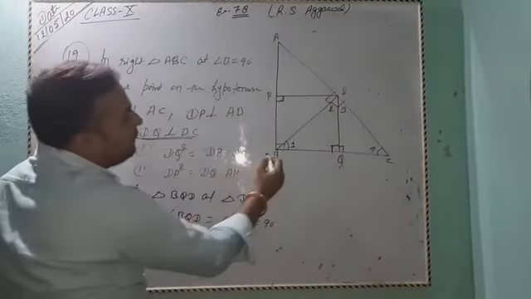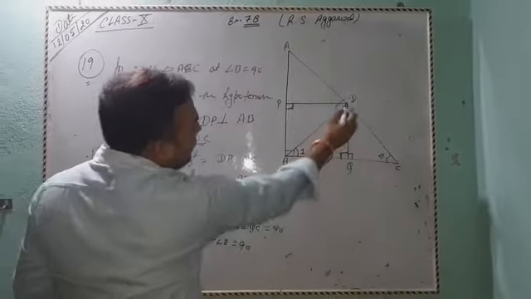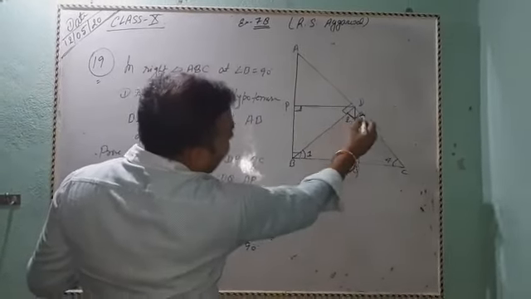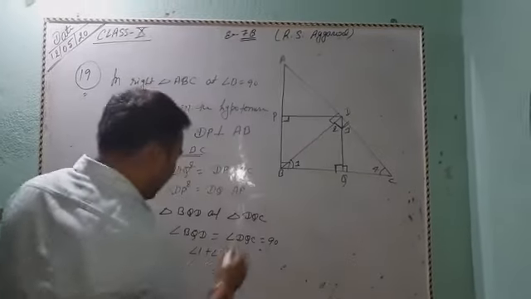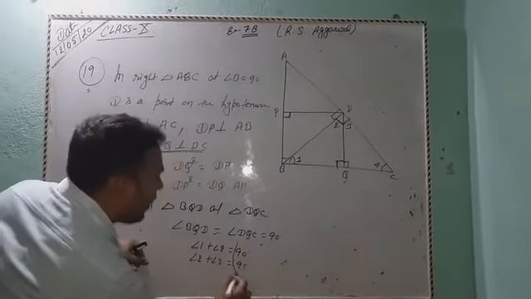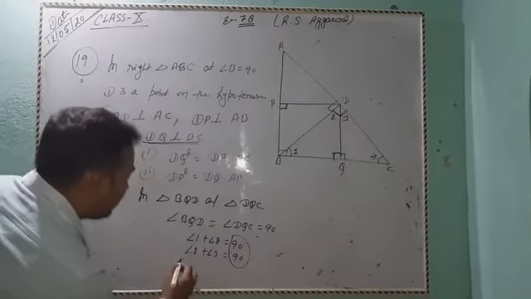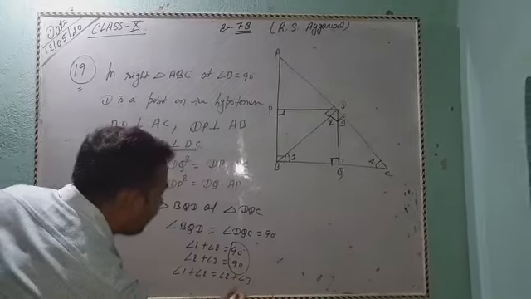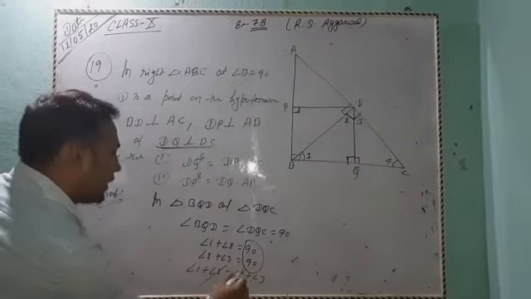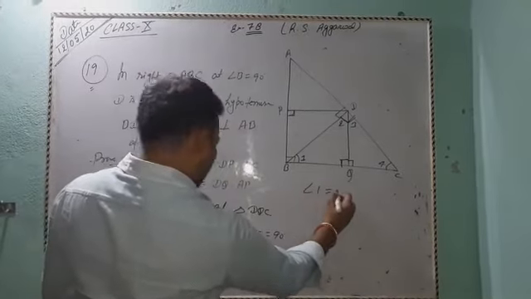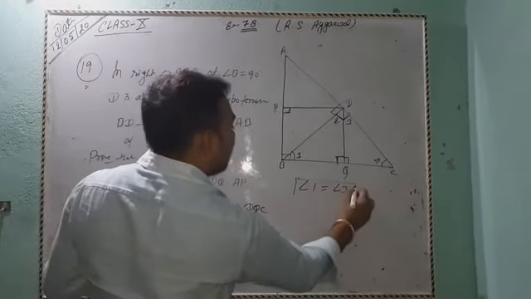And in the given question, BD is perpendicular to AC. Then angle 2 plus angle 3 equal to 90 degrees. So the right-hand sides are equal, then the left-hand sides are also equal. So angle 1 plus angle 2 equal to angle 2 plus angle 3. Angle 2 is cancelled. Then the rest is angle 1 equal to angle 3. Okay.